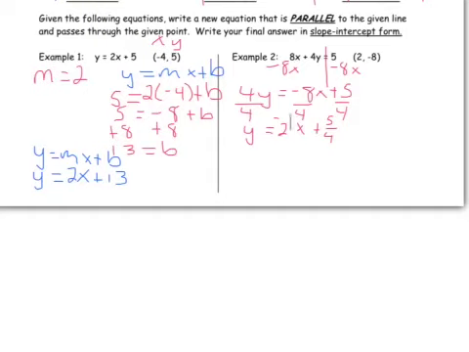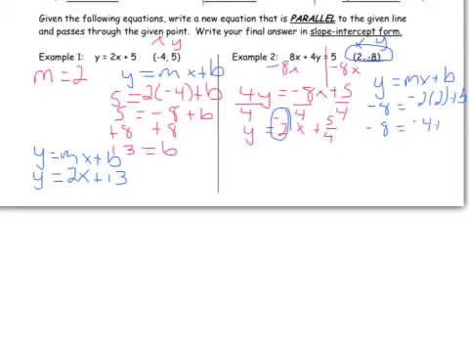Okay, I want to write an equation for a line that is parallel to that, so I will need to use -2 for the slope, and I will need to use this point to find my y-intercept. So I will take the equation y equals mx plus b, and I'm going to substitute in the three pieces that I know. So y is -8 equals my slope, which is -2, so -2 times x, which is 2, plus b. -8 equals -4 plus b.